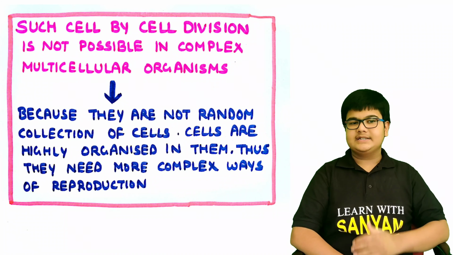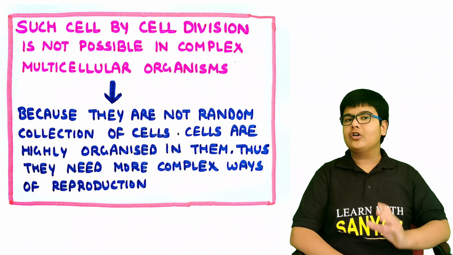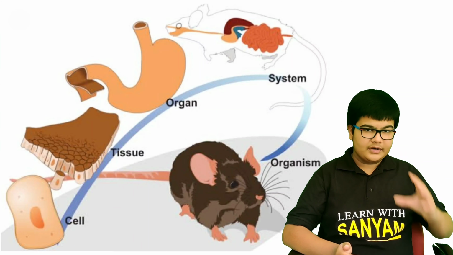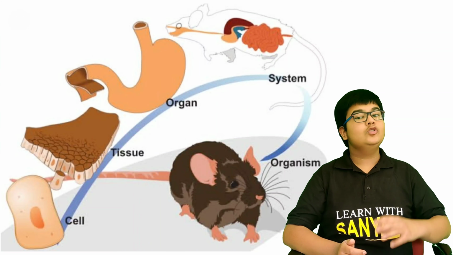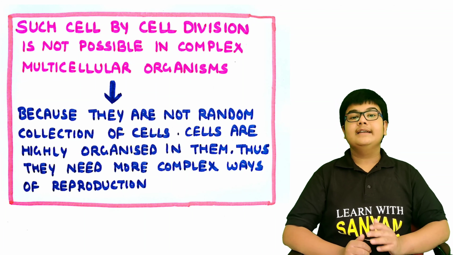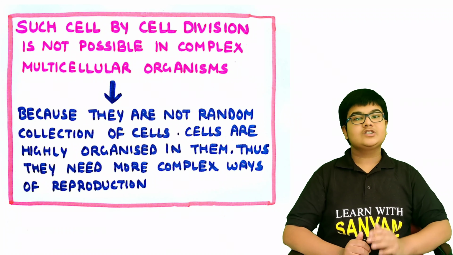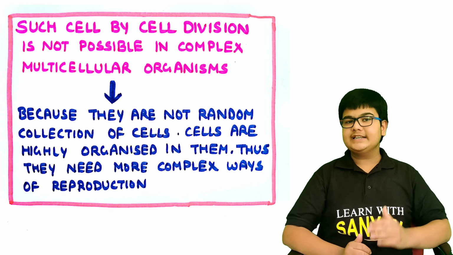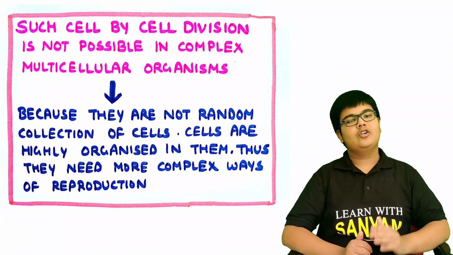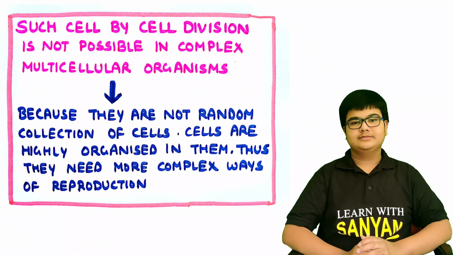In complex organisms, the cells are highly organized into tissues, and these tissues are further organized into organs, and organs are further organized into organ systems. Thus, these multicellular organisms need many complex ways of reproduction. We shall study about these complex ways of reproduction in the complex multicellular organisms in the third lecture.